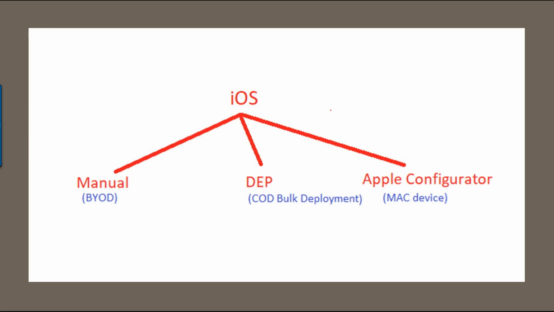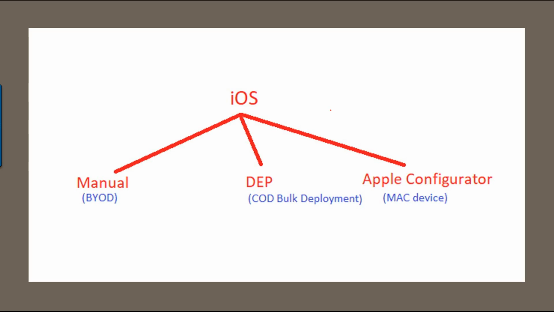And the third and last way of enrolling an iOS device to Intune is via Apple Configurator. Apple Configurator is a software that needs to be installed on a Mac device. So in order to go with this approach, we need to have a macOS machine, we install the Apple Configurator, we create an enrollment profile, and then we copy that enrollment profile directly to the iOS device.